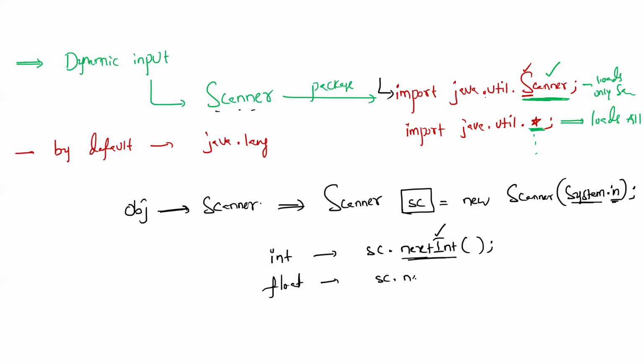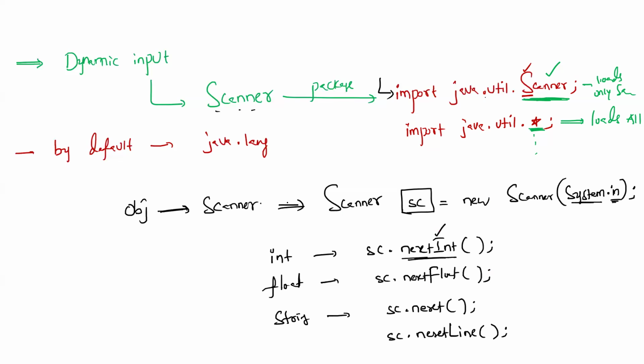Then sc.nextFloat for reading any float value. Next is for string, and I'll tell you the differences. But sc dot which method? Only the next method for string. sc.nextLine is also one more method. There is a difference, and at an appropriate time we'll discuss it.